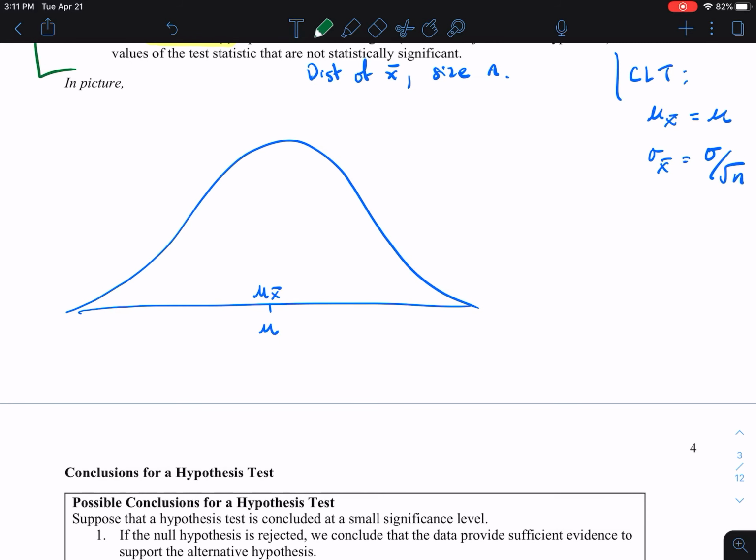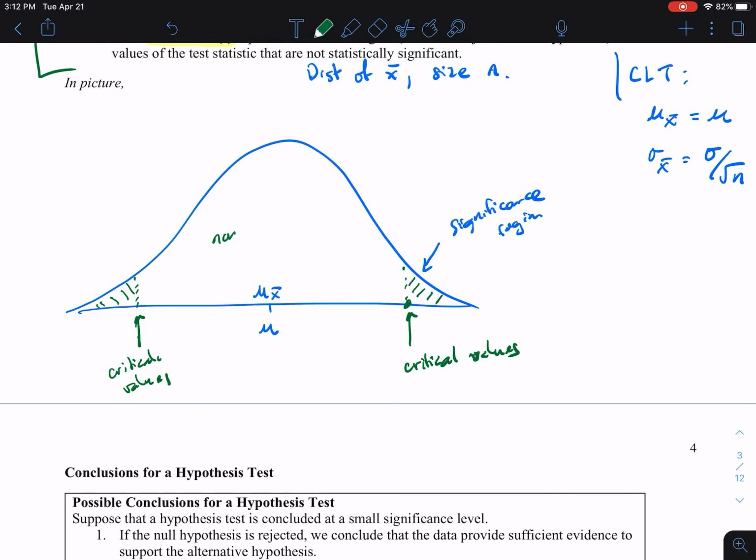For the critical region, suppose we have these regions here, so this is where we do the cutoff. So these would be the critical values. If you recall, this is where we separate the significant region from the non-significant region.